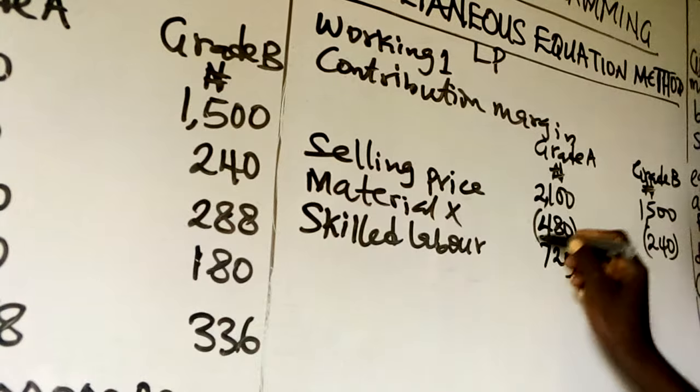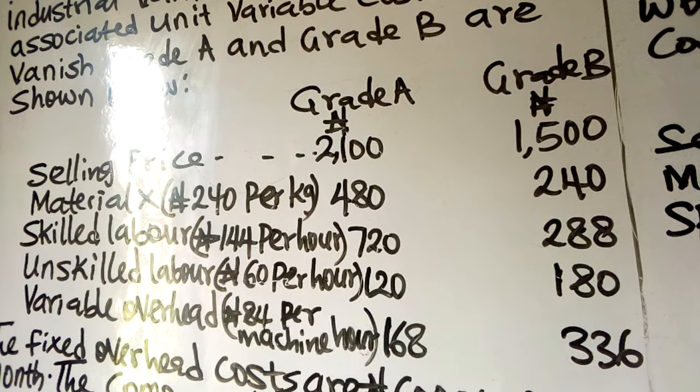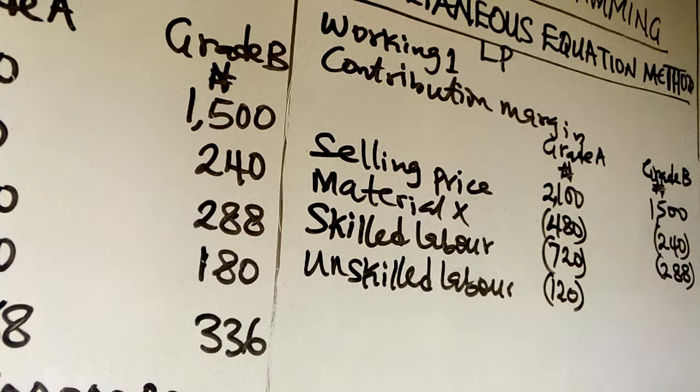After skilled labor, we have unskilled labor, which is 60 naira per hour, and we have 120 and 180 for grade A and B respectively.